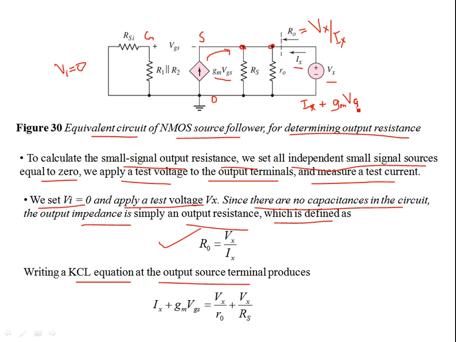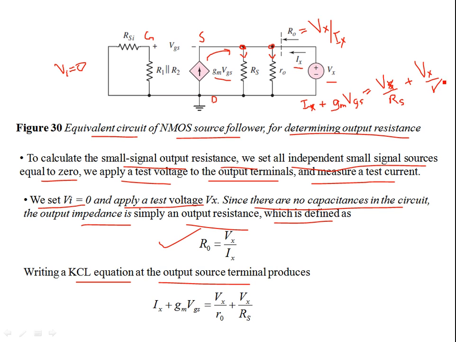So this should be equal to, where do these currents go? They bifurcate into two branches. One is your source resistor Rs, the other is the small signal output resistance of the transistor R0. So we can write this as Vs divided by Rs. Actually, Vs is your Vx, since we are considering this as Vx. So Vx by Rs plus Vx divided by R0.